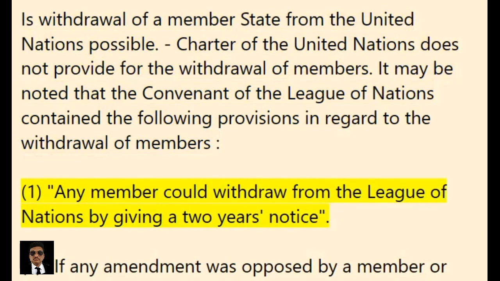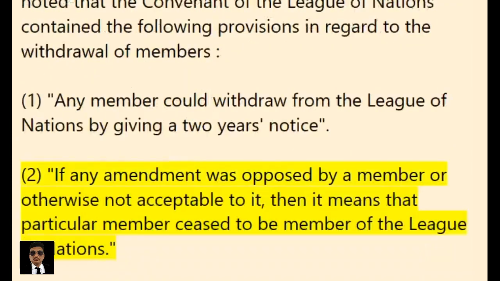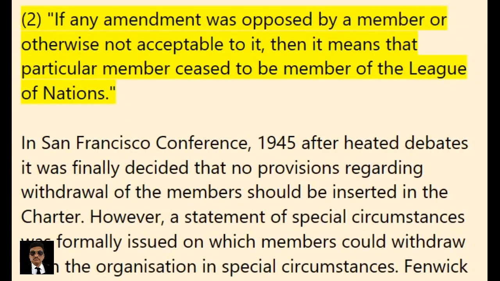1. Any member could withdraw from the League of Nations by giving 2 years notice. 2. If any amendment was opposed by a member or otherwise not acceptable to it, then that particular member ceased to be a member of the League of Nations.